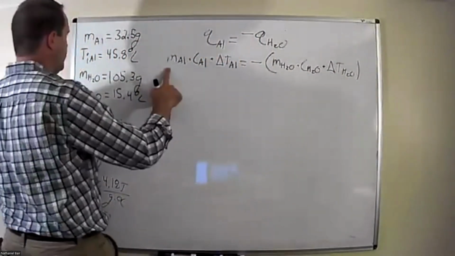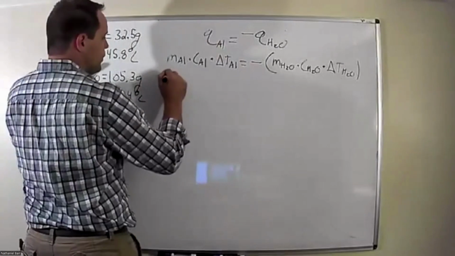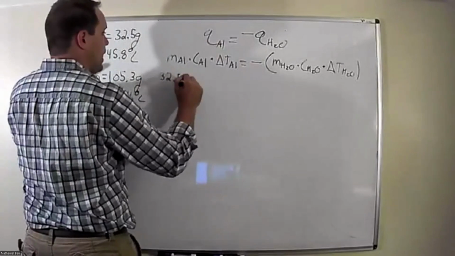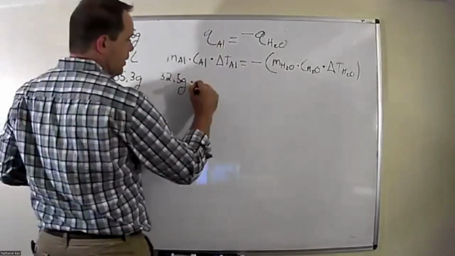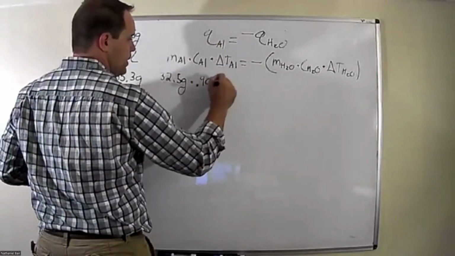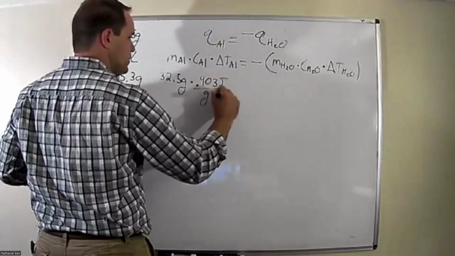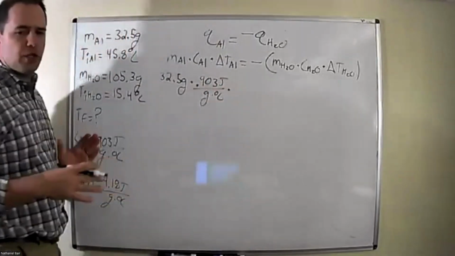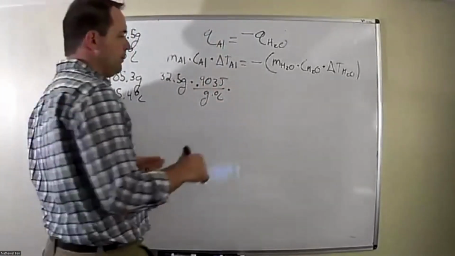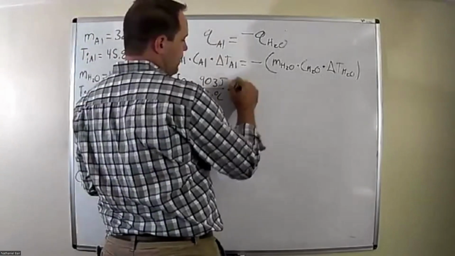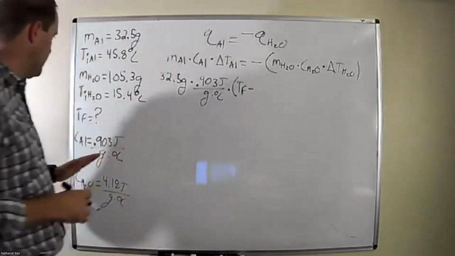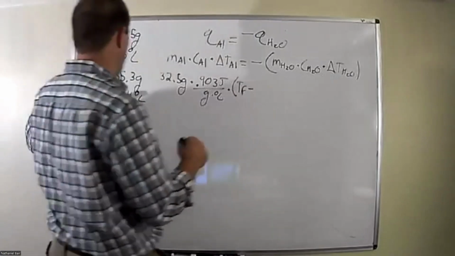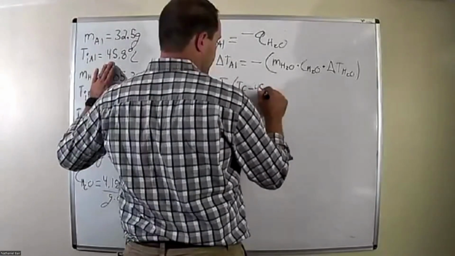So the mass of the aluminum, 32.5 grams, times the specific heat capacity of the aluminum, 0.903 joules per gram times degrees Celsius, times the change in temperature of the aluminum. Okay, what's the change in temp? Well, that's going to be T final minus the initial temperature of the aluminum, which was 45.8.